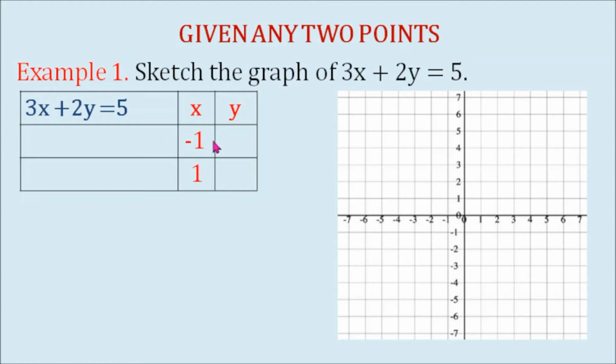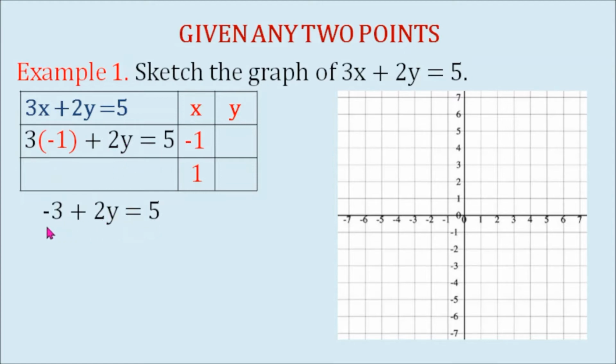For the first choice, we are going to substitute x with -1, so that becomes 3 times -1 plus 2y equals 5. And from here, we are going to solve for y. So 3 times -1 is -3 plus 2y equals 5.